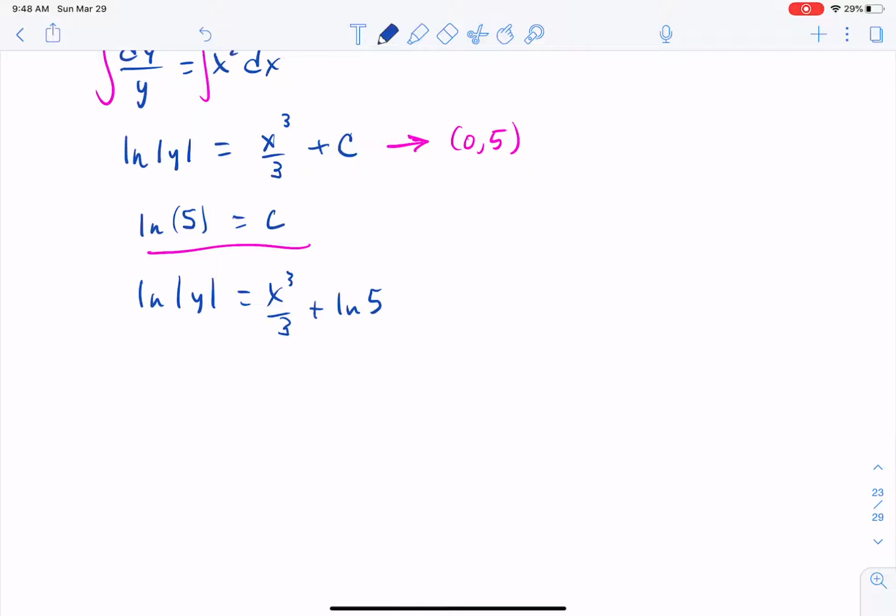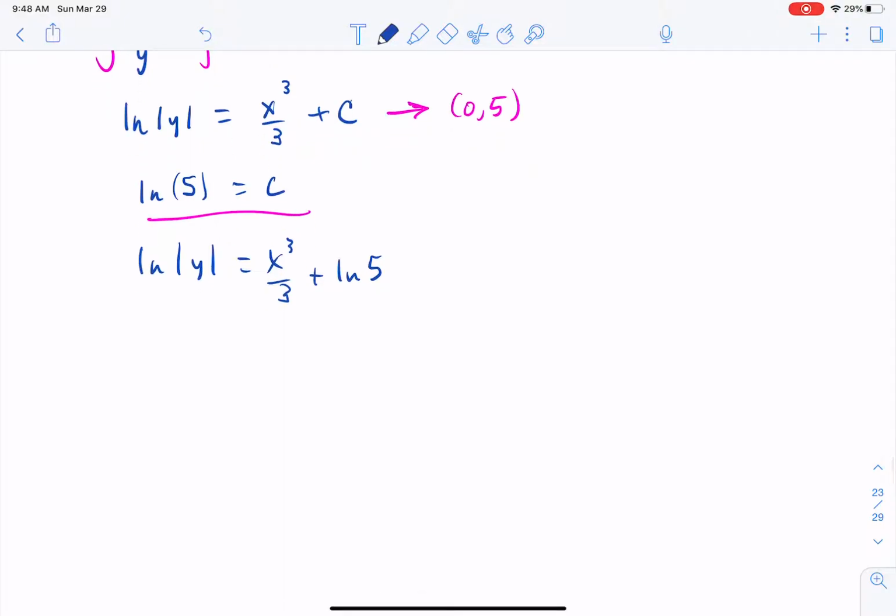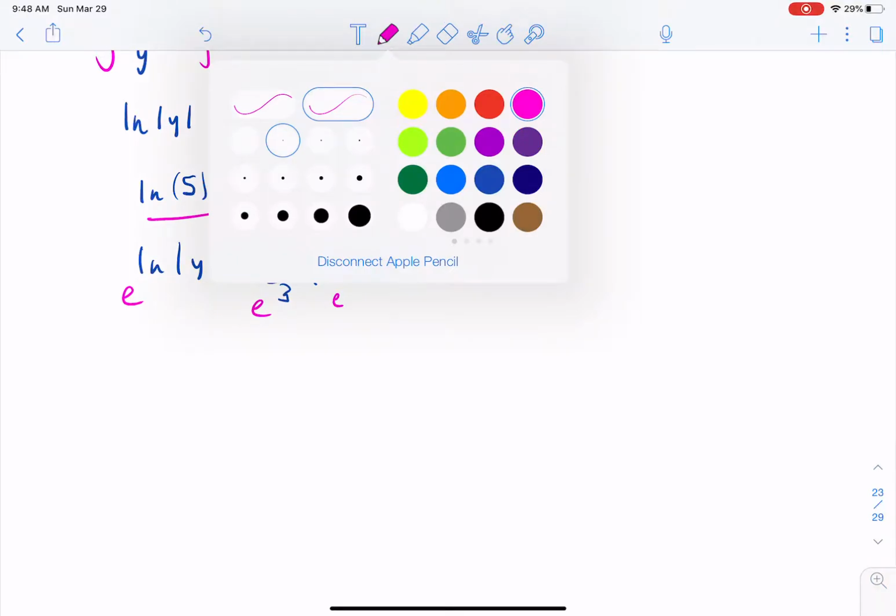So solving this thing for y, I need to exponentiate, right? So I'm going to exponentiate. And using our little pro tip, I'm adding with like bases, so I can use that as a multiplication.